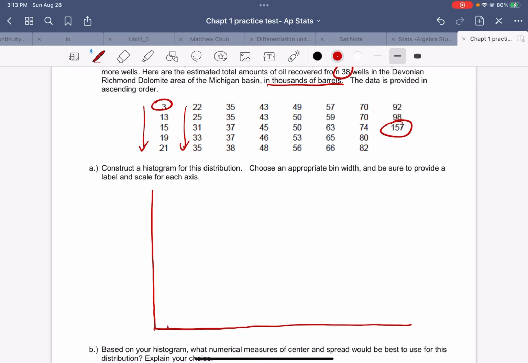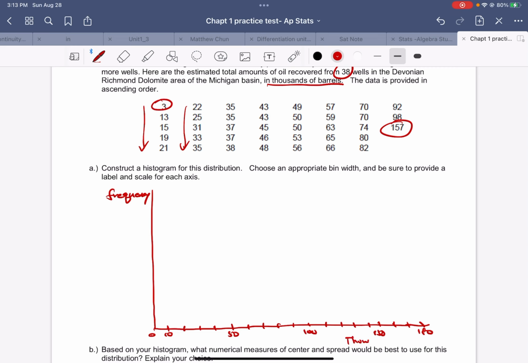Maybe you can start with 0, 10, 20, 30, 40, 50, 60, 70, 80, 90, 100, and so on, up to 180. Let's put it up to here. Now, this one is frequency. You can label it: frequency, how often.